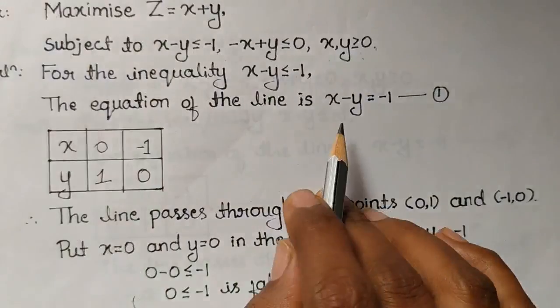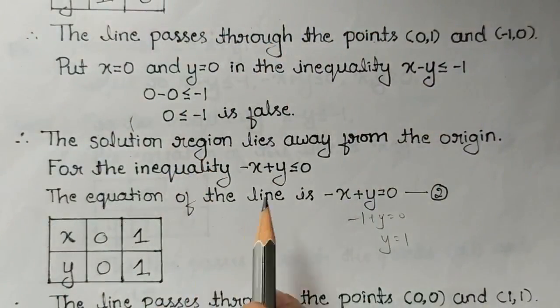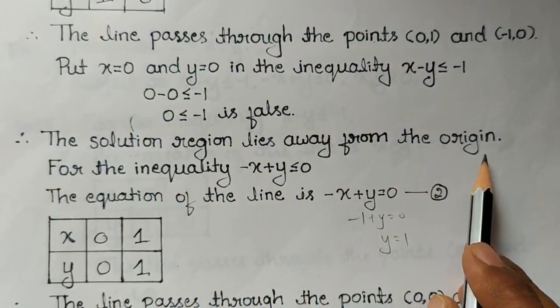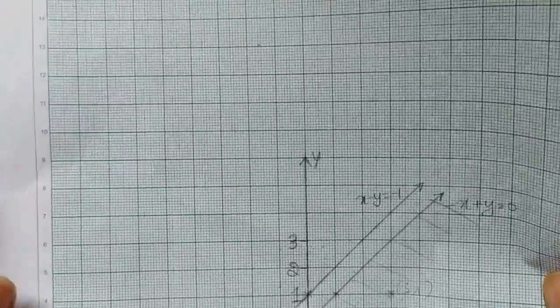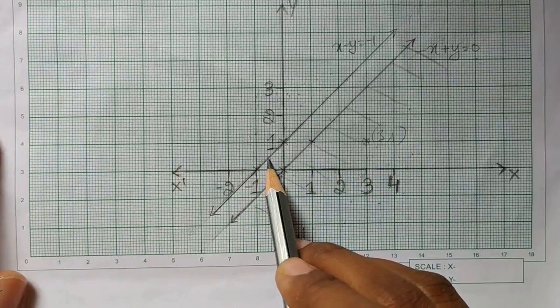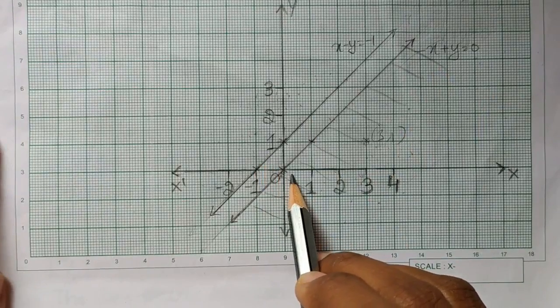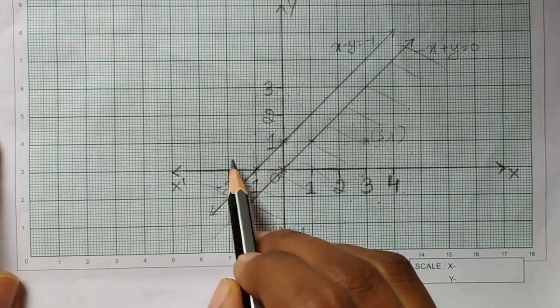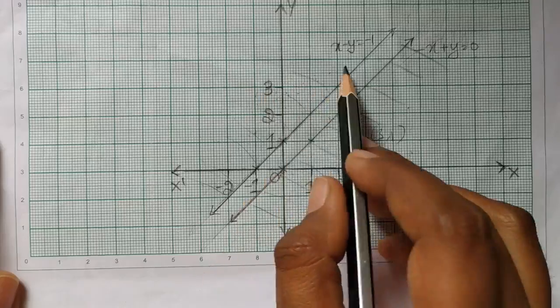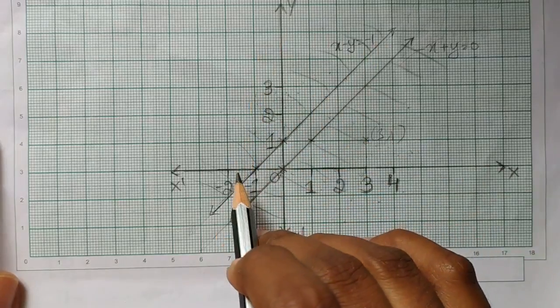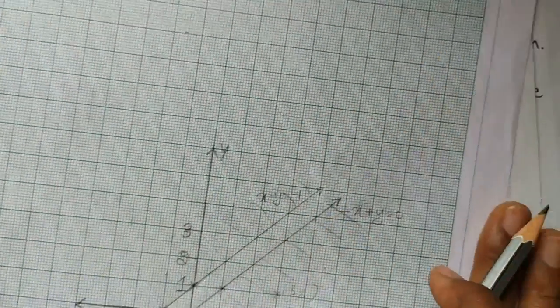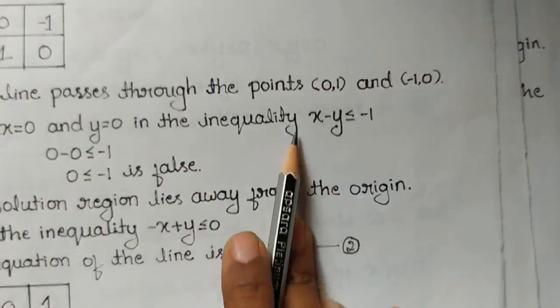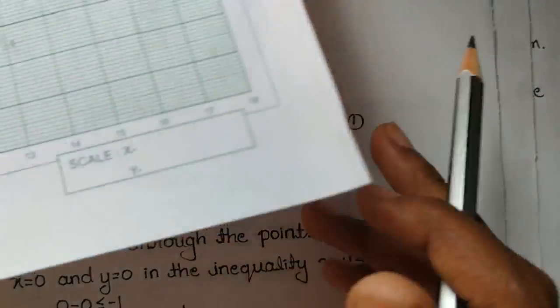The solution region for this inequality lies away from the origin. So, the origin lies below the line, then the solution region lies above the line, away from the origin. And the non-negative constraint says that the feasible region lies in the first quadrant.